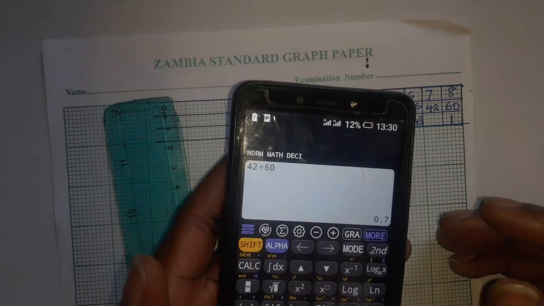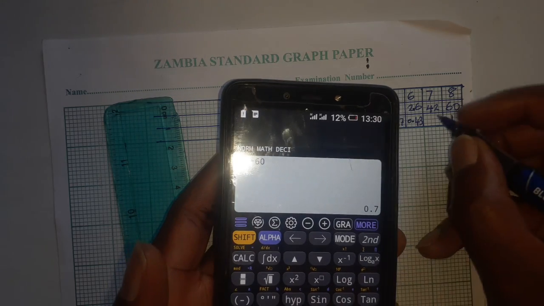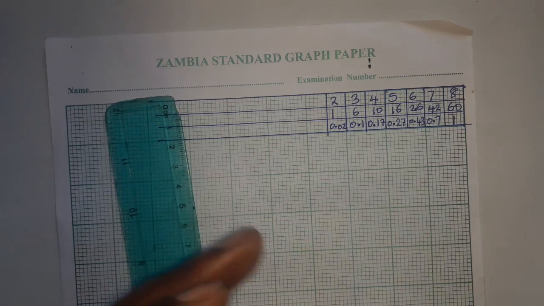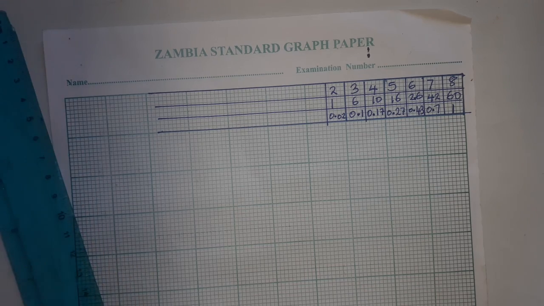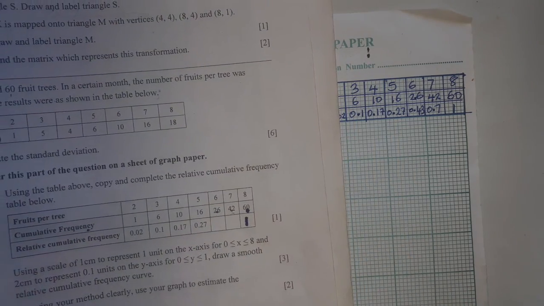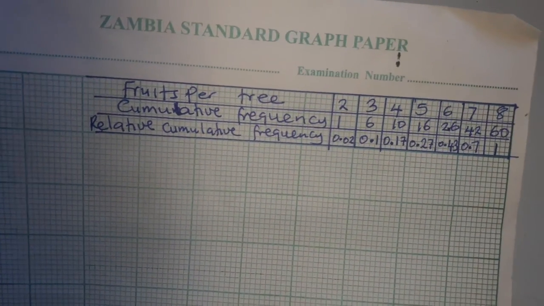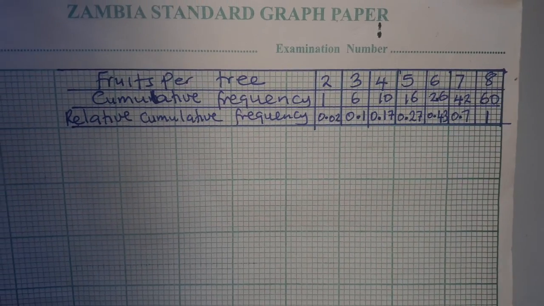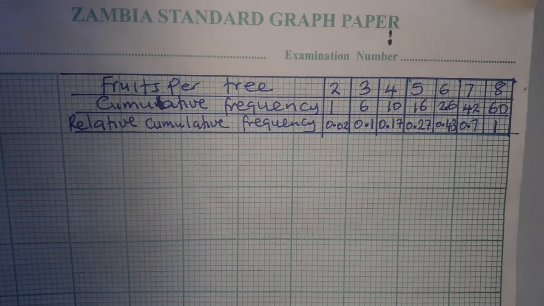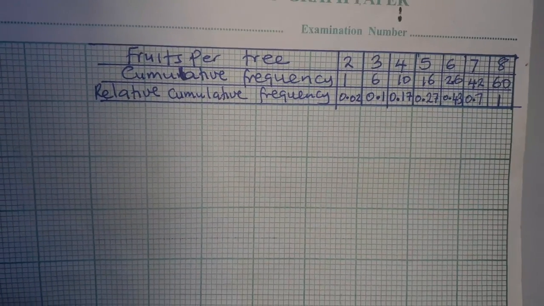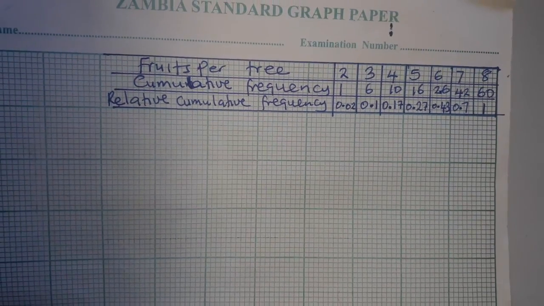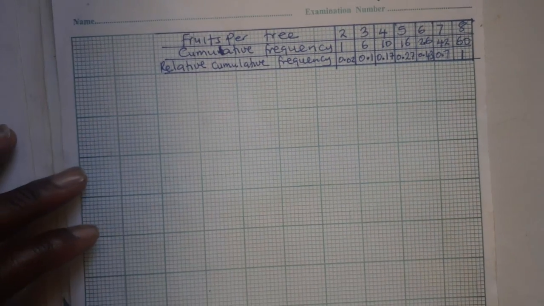This is what we have: 0.7. That part has been done. All right, so this is what we are going to have, and this is how it's going to look. So we proceed.